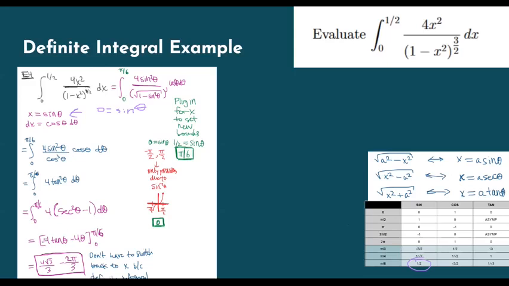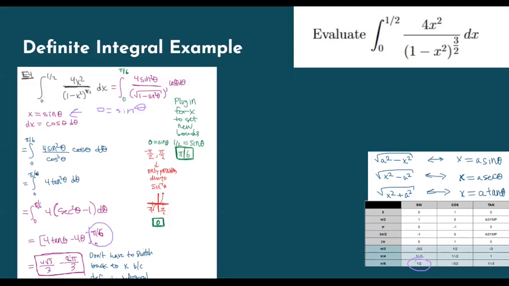So we took the integral, this is what we got. These are the bounds that we plug in. Once again, a good reason why to know the table. You got to know the table. 4 tangent of pi over 6. Tangent of pi over 6 is 1 divided by square root of 3. And so that's what it's going to be. 4 root 3 over 3.